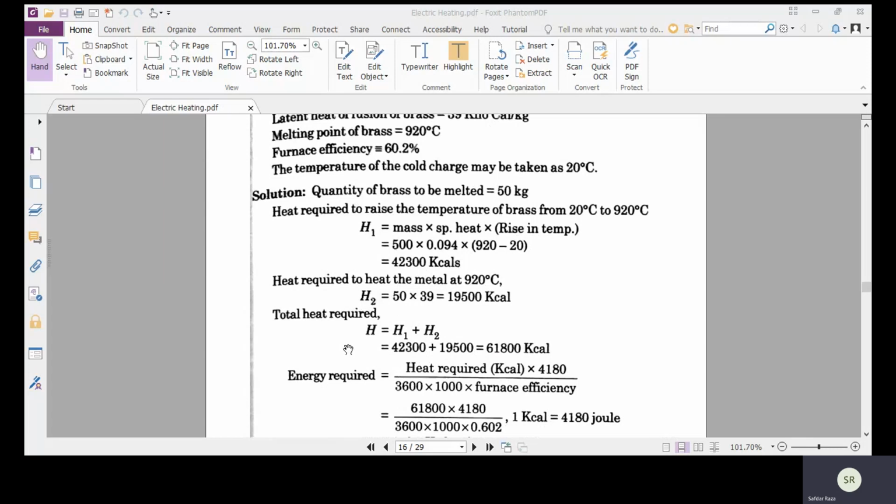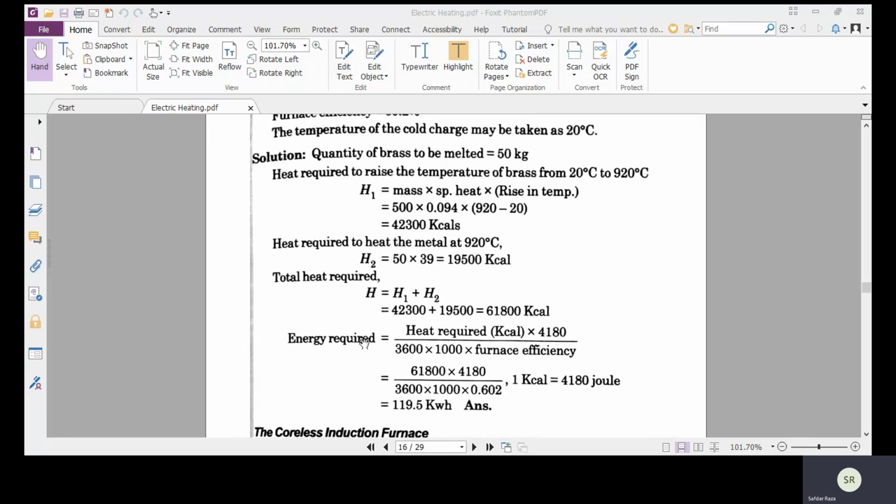So as per requirement, how much is the energy required in all this process? The formula is that the energy required is equal to heat required multiplied by 4180. So 4180 is because 1 kcal is equal to 4180 joules.